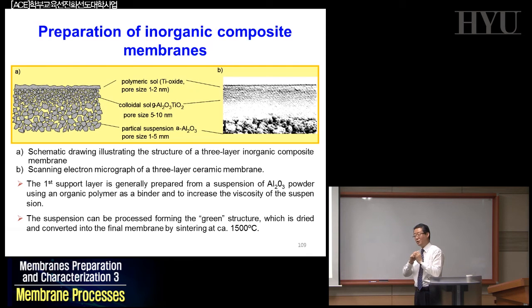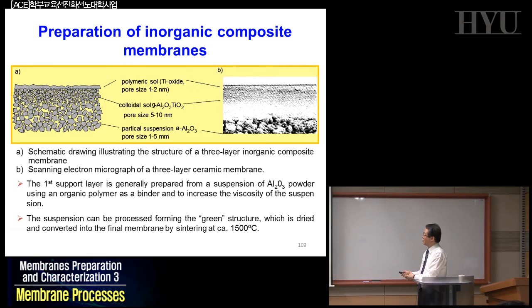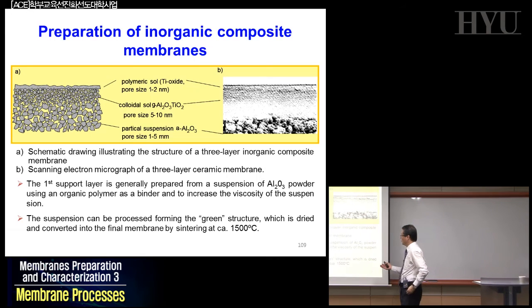But if you want just a microfilter or ultrafilter, then you may use alpha alumina to sinter and make porous membranes. In this case, you can use sol-gel chemistry to make a very thin and dense layer on the top, so that it's much more like a composite membrane. Usually, an inorganic membrane is sintered at very high temperature, above 1,000 degrees C, whereas a polymer cannot be treated in this case.